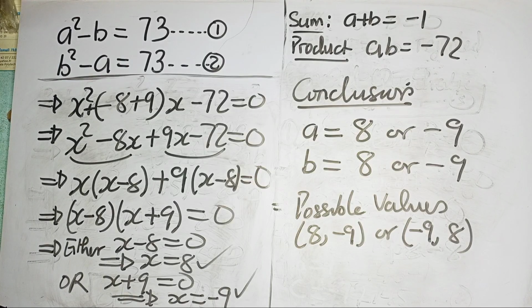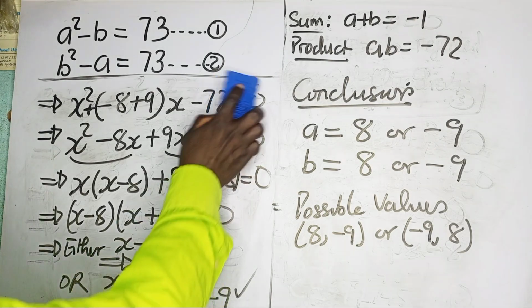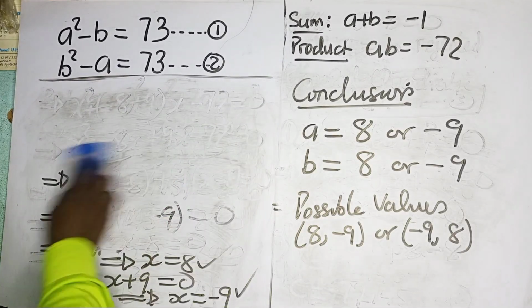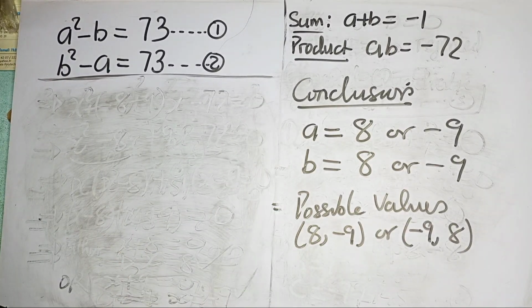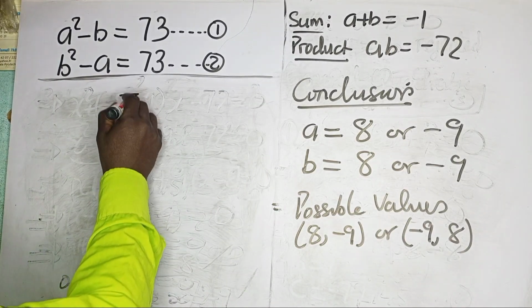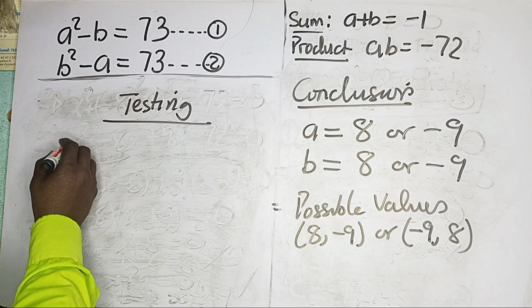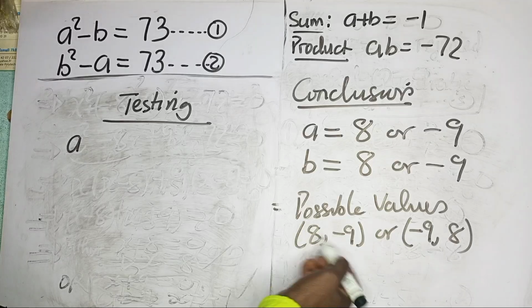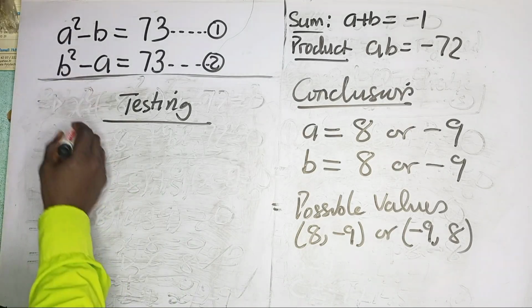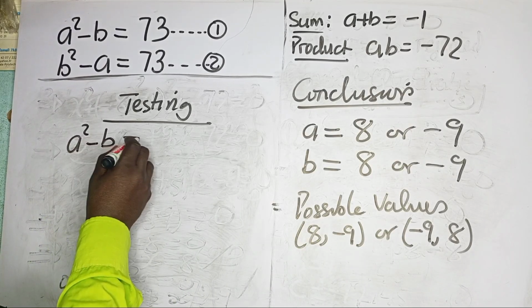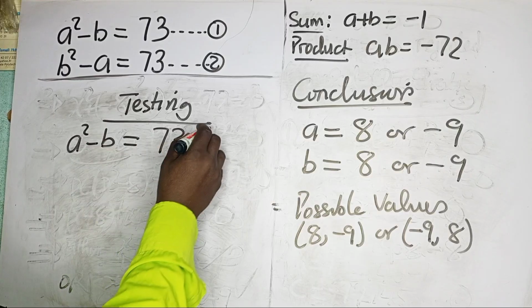Okay, so we can always go ahead and test to see if what we have is correct. Let's do a quick test. Let's take this first pair and see. A squared minus b, do we have 73?